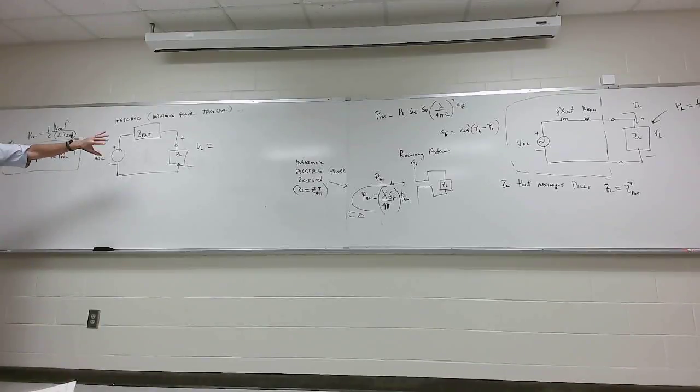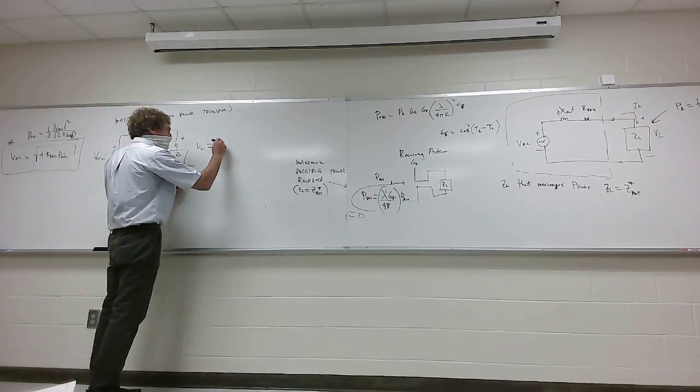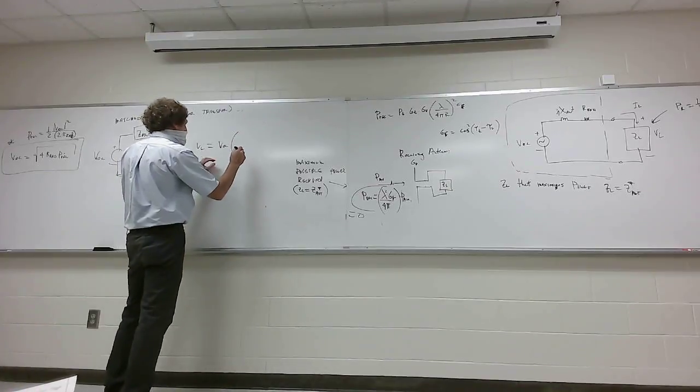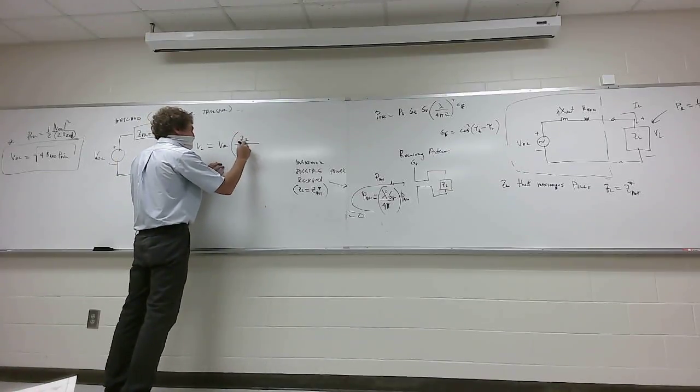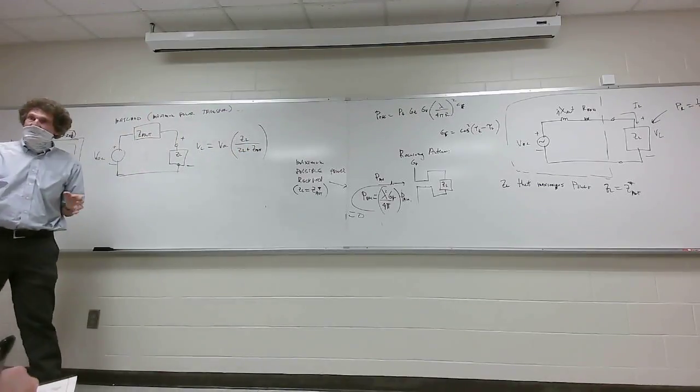Well, I've got 2 impedances in series. Do we agree with that? And we've got a voltage here, V open circuit. So this would be just V open circuit, right? And it would be times ZL, whatever that is, over ZL plus Z antenna. Y'all agree with that?